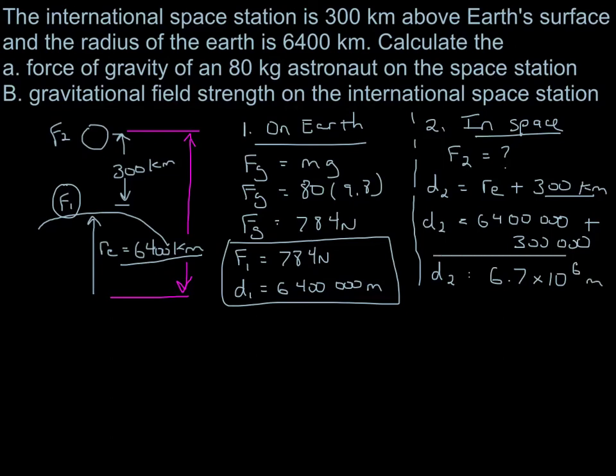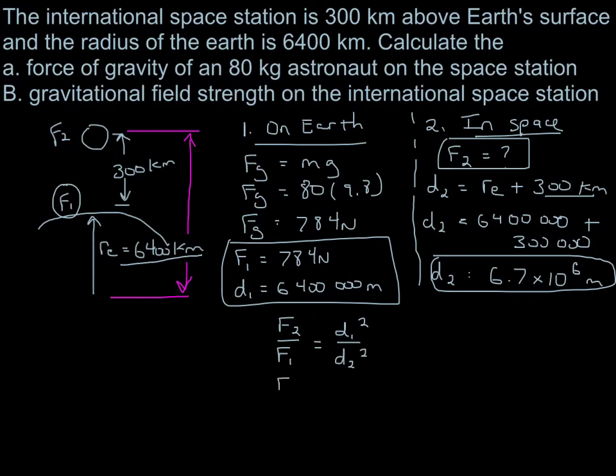Okay, so there's D2. I'm looking for F2. I'm looking for this thing up here. So similar to what we did before, we're going to say F2 over F1 is equal to D1 squared over D2 squared. F2 is what I'm looking for. I'm just going to go ahead and sub in this time.